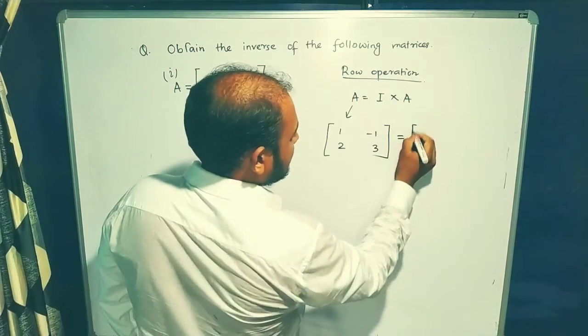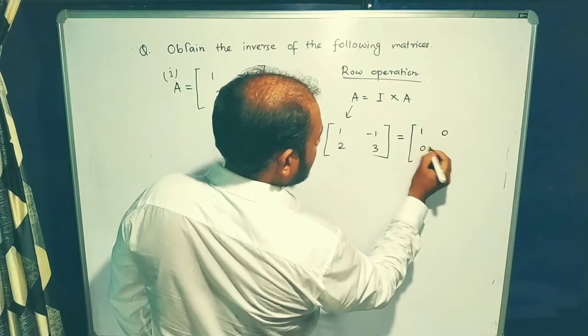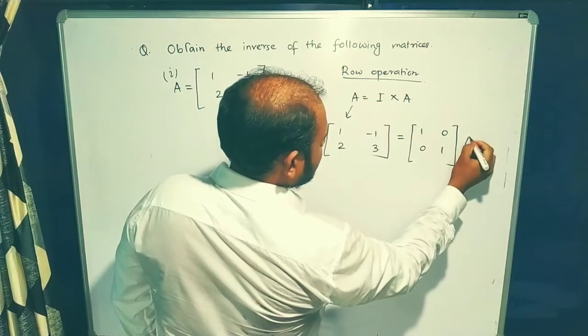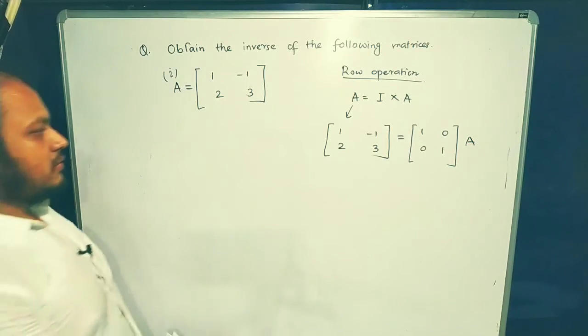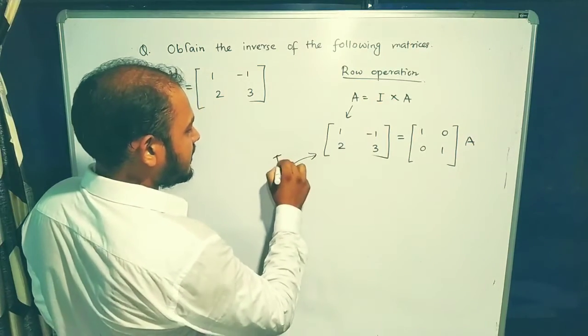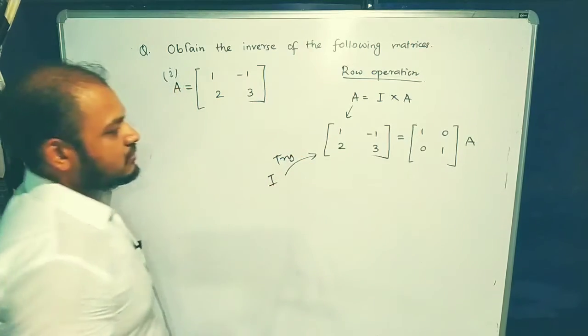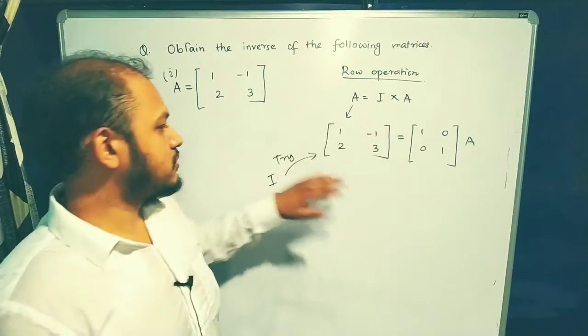Put the value of I, 1, 0, 0, 1, and keep the value of A the same here. Okay, then you should try to make this matrix equal to I by using only row operations.